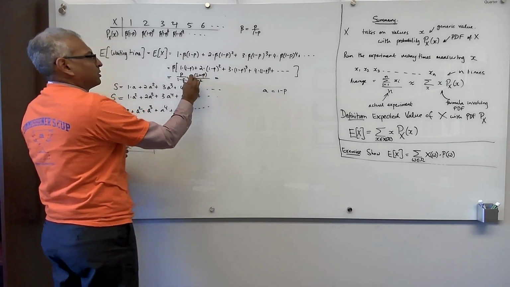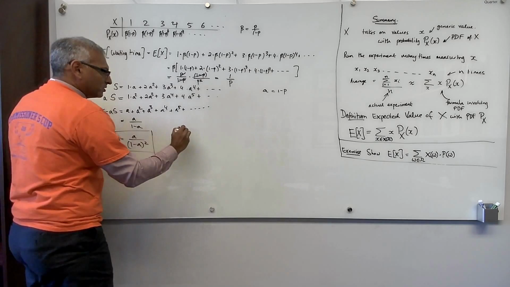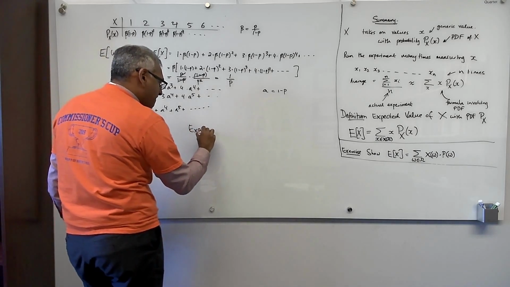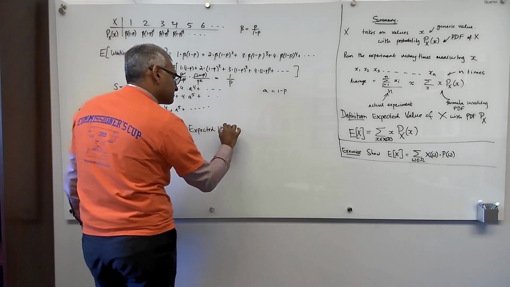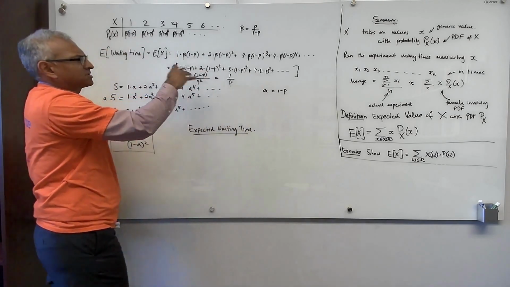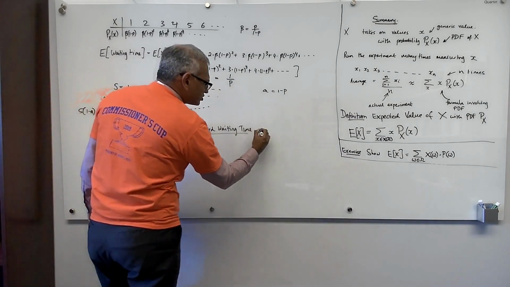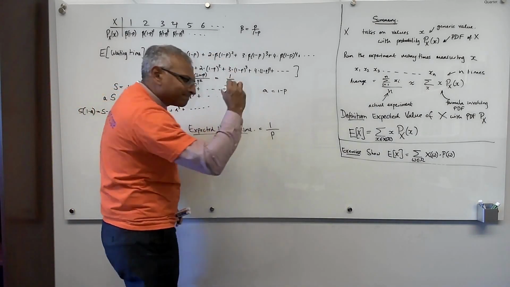The 1 minus p's cancel, one of the p's cancels, so this is equal to 1 over p. Wow! So the expected waiting time, even though it started with a very complicated summation formula, simplified very nicely to just 1 over p.